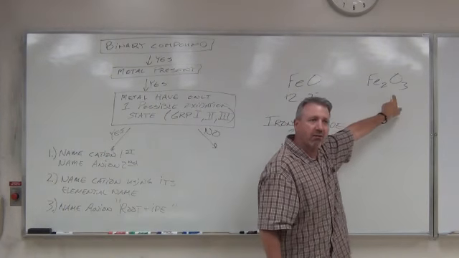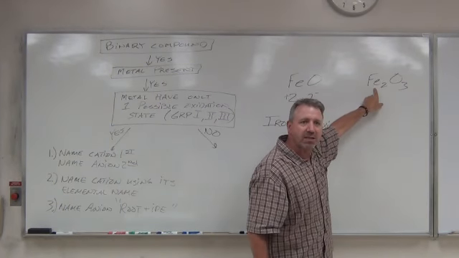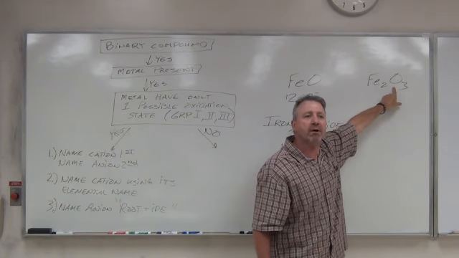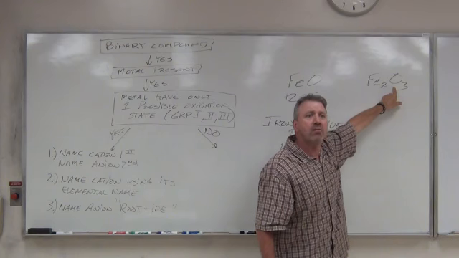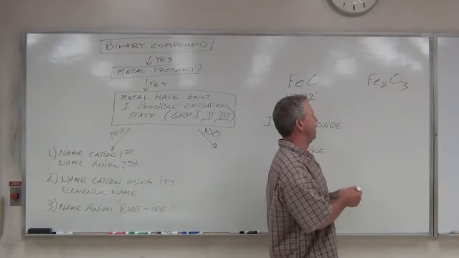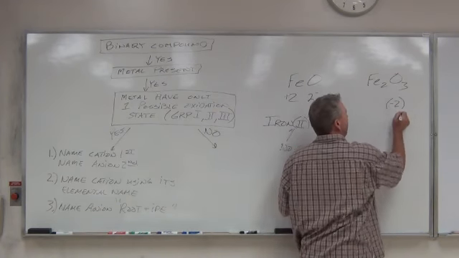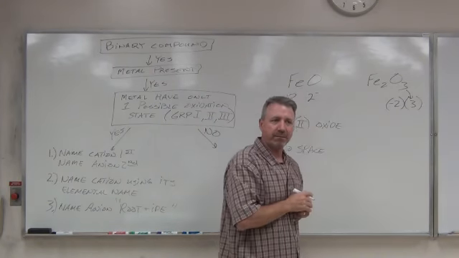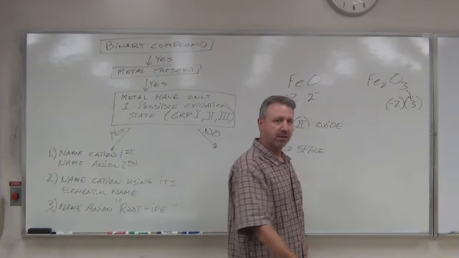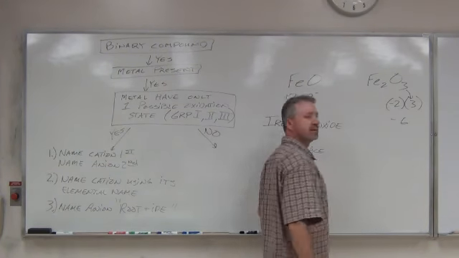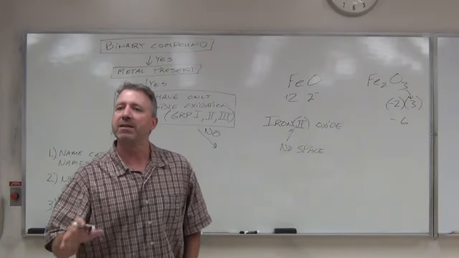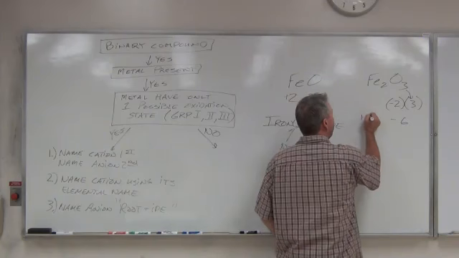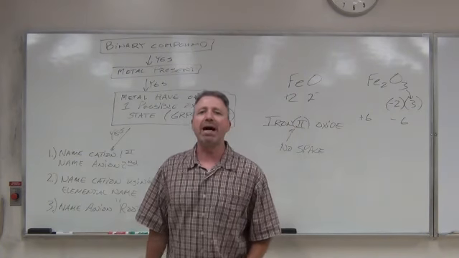Let's apply the same thing over here. I see the iron's there. I don't know what form I have, but I do know that it's combining with a very well-behaved anion. So what is oxygen's charge? It's still negative 2. How many oxygens do I have in the formula? 3. My total is negative 6. If this is a compound, which it is, it must be neutral. So my total positive must be positive 6.